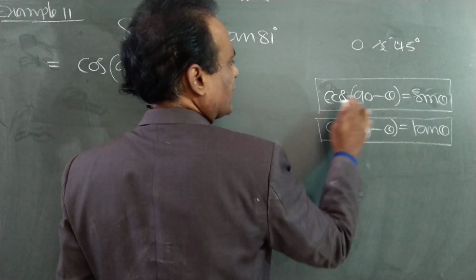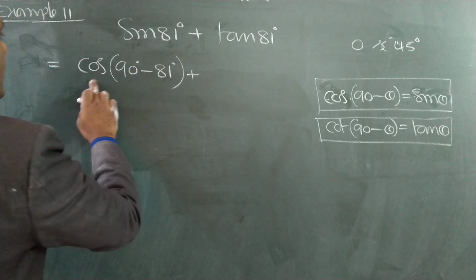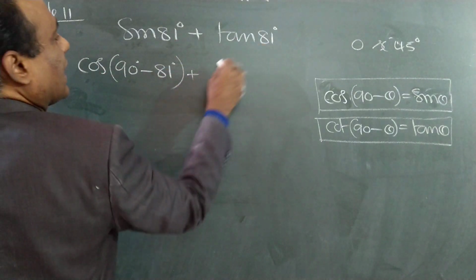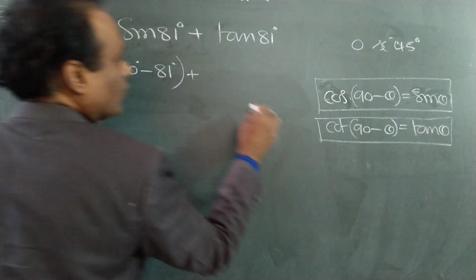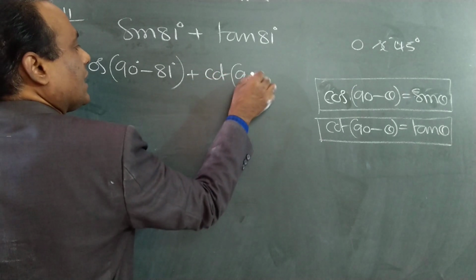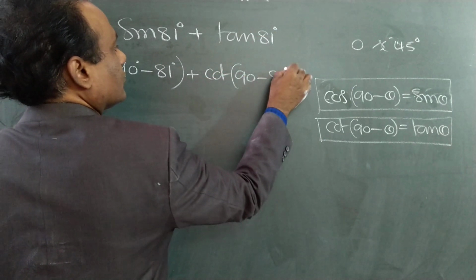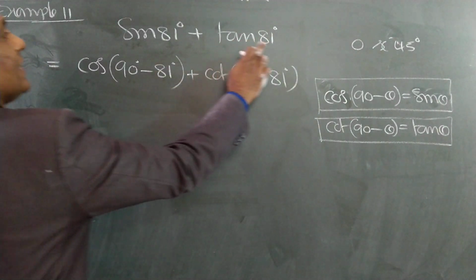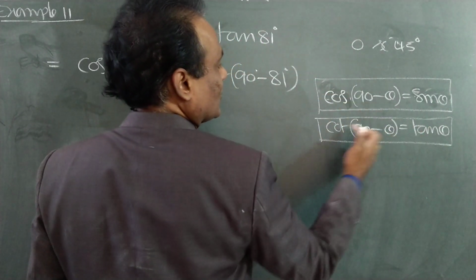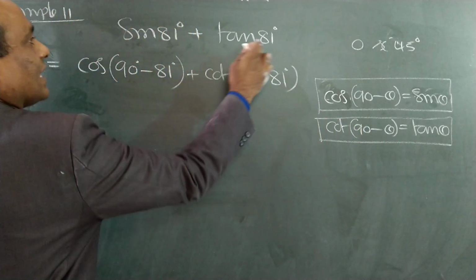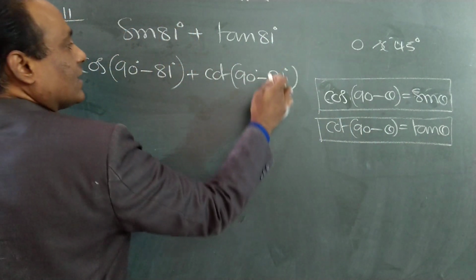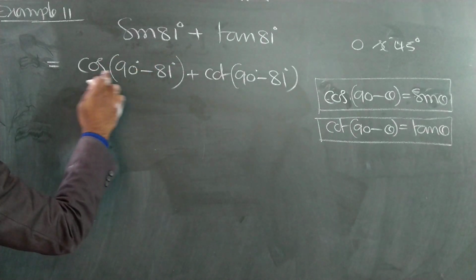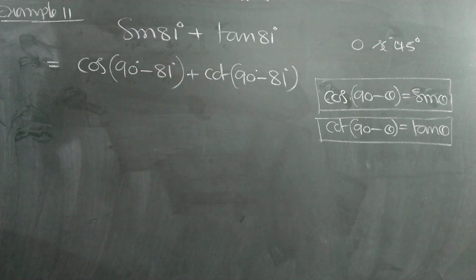Sin theta is cos(90 minus theta). Tan theta is equal to cot(90 minus theta), with the angle 81.